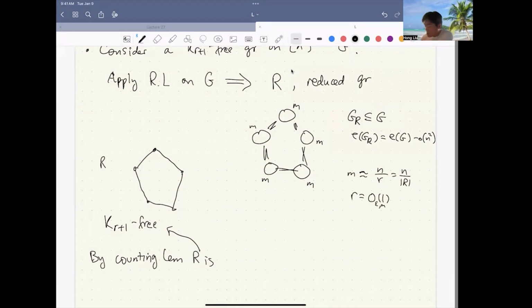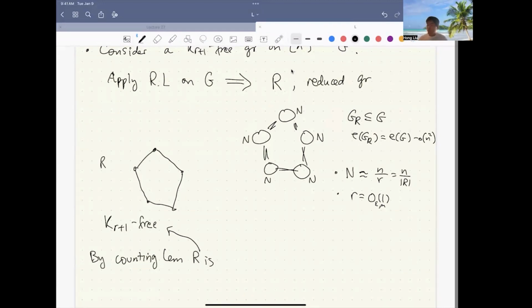Oh, I use little m as a lower bound of the number of parts, so I should use a different symbol. Let me use capital M, shall we? Okay. So R is a constant.